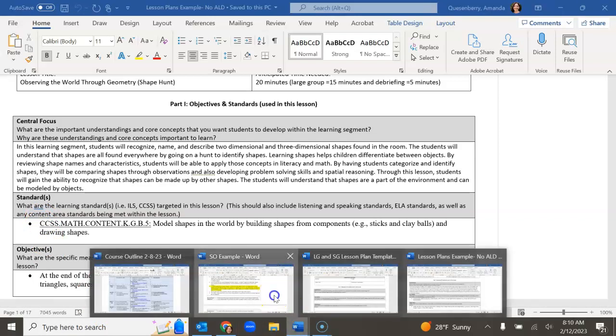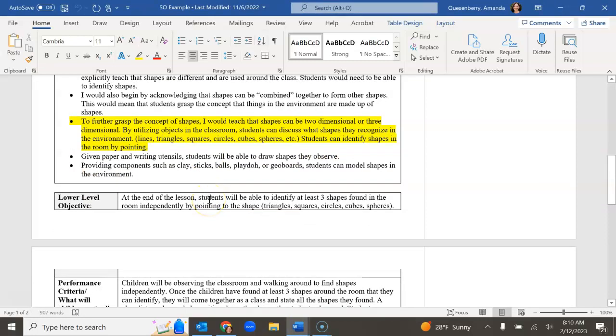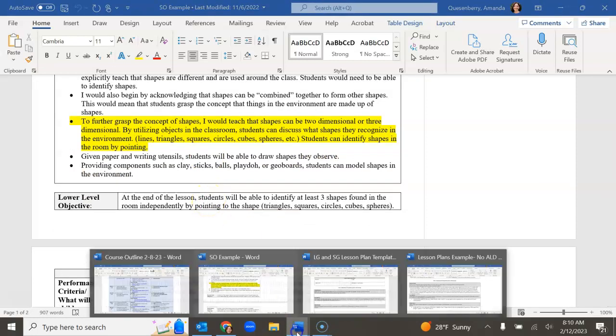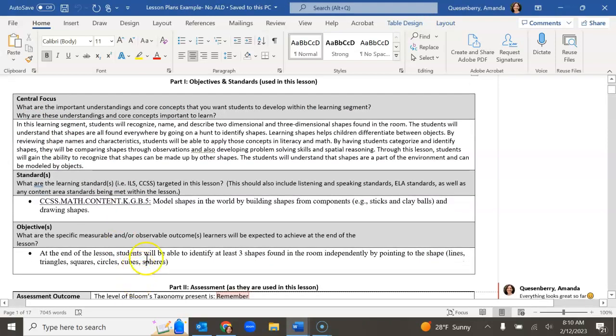So again, going back, there's her standard, there's her lower level objective, which are identical to the standard and lower level objective here. Okay, so that's something that you won't have to recreate. That's information that you can just take straight from your standards and objectives assignment.